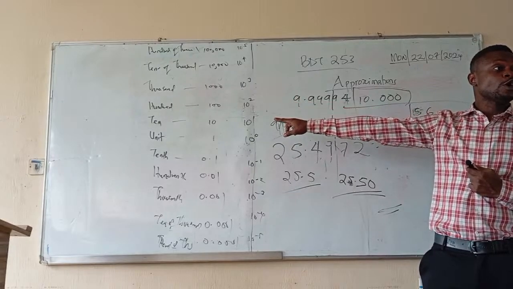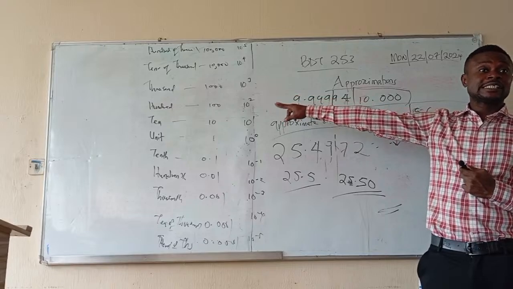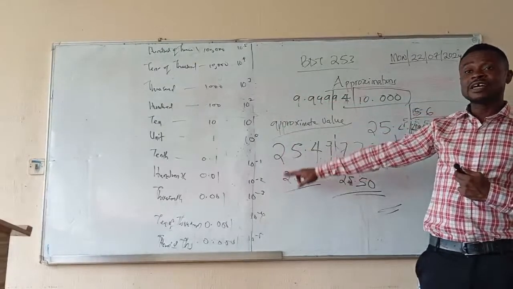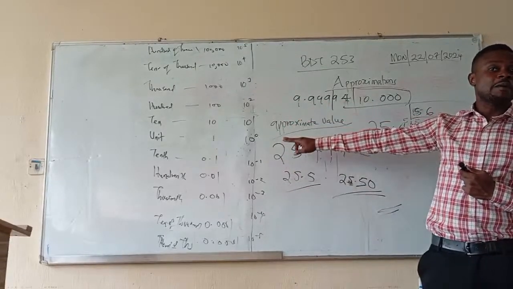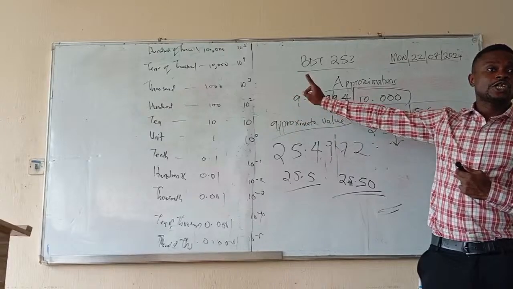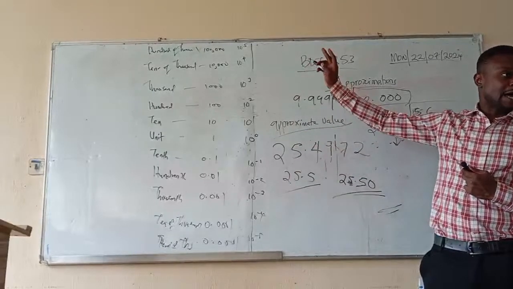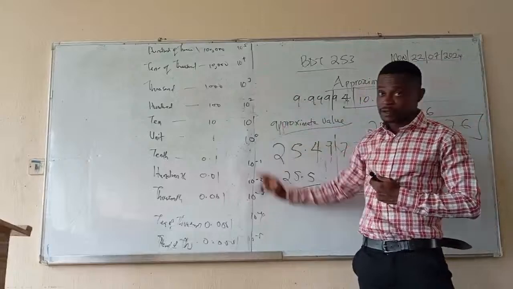When we look at the metric system of measure, how they came up with the different terms: micro, kilo, mega, deci, deca, and all those terms are based on these decimal places.